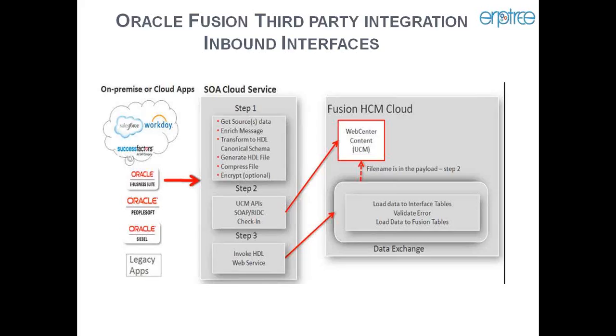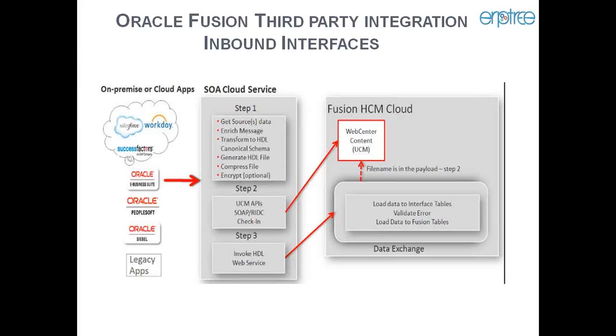Here we have tools provided by Oracle for loading the data into the Fusion application. Earlier we had the FBL, which we call the file based loader, where we were getting the data into files and loading the data into the Fusion application.